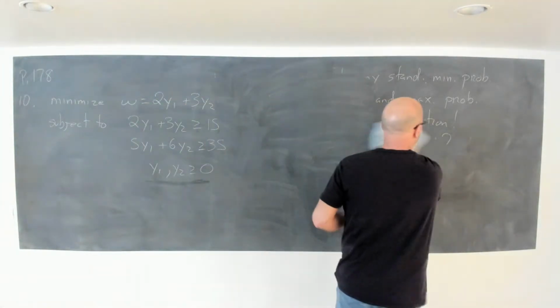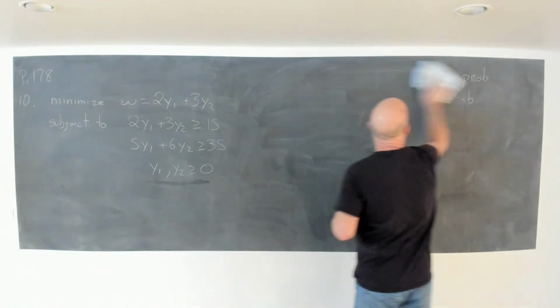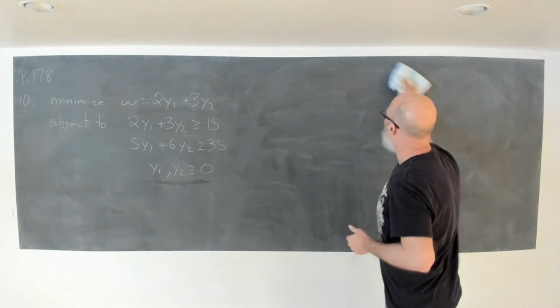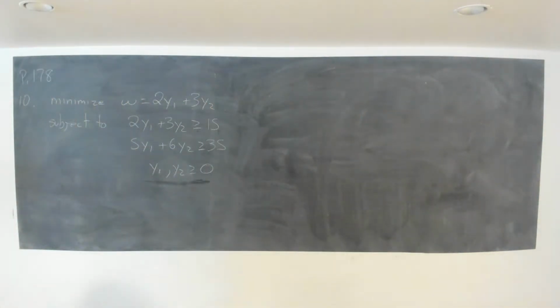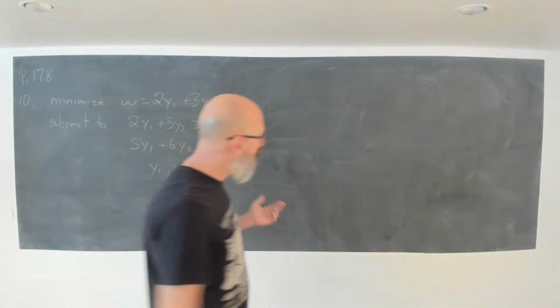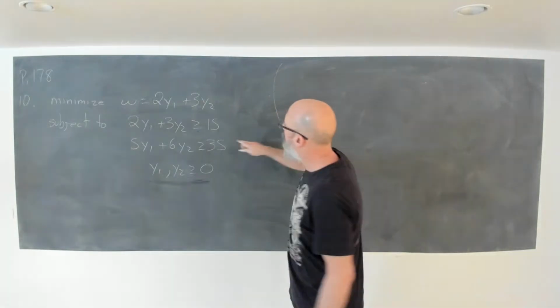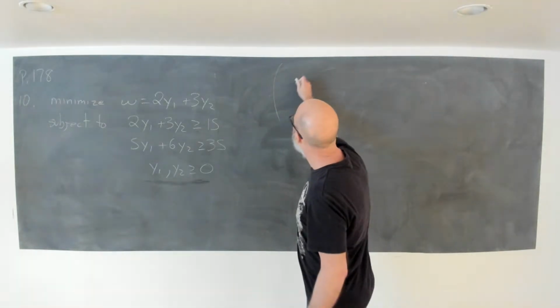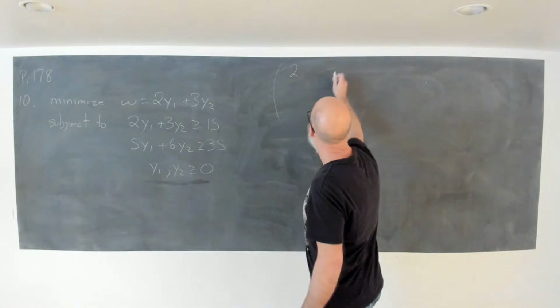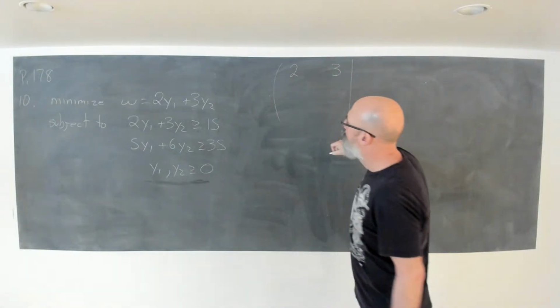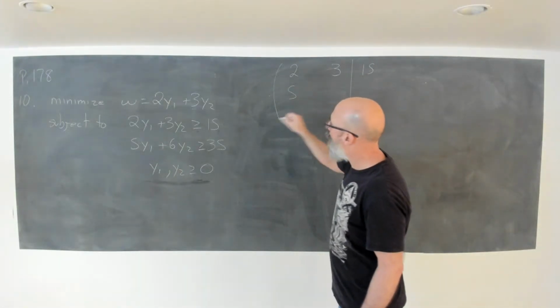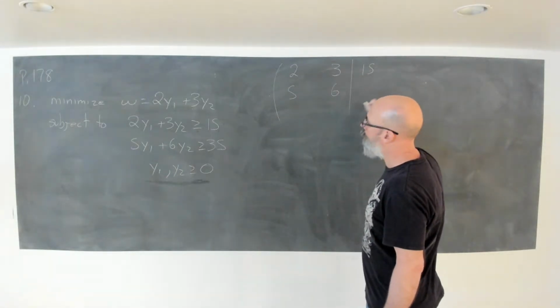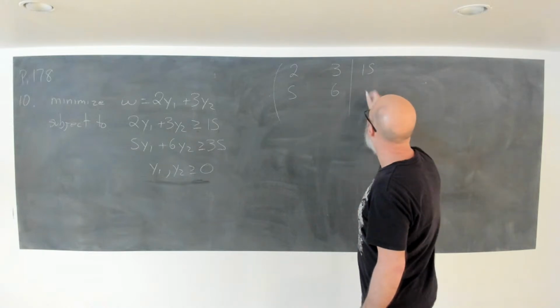Right, so the point here is that we have a standard minimum problem. We're going to find the standard maximum problem by rewriting these things in a matrix. Right, so first inequality, 2y1 plus 3y2 is bigger than or equal to 15. 5y1 plus 6y2 is bigger than or equal to 35.